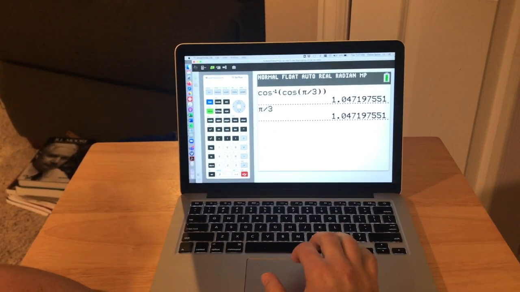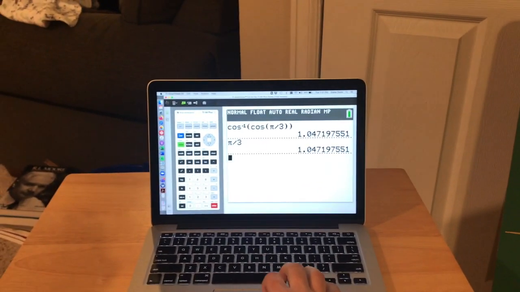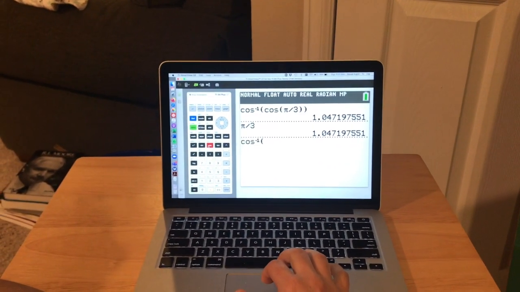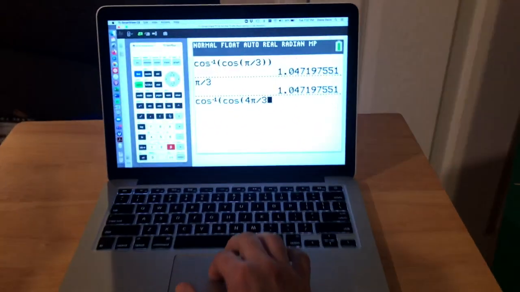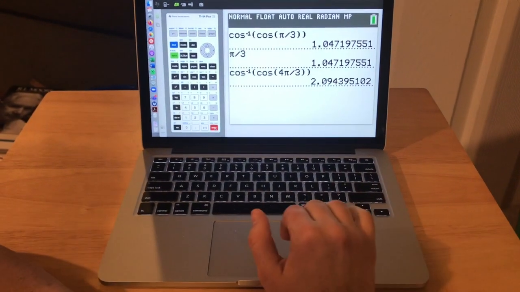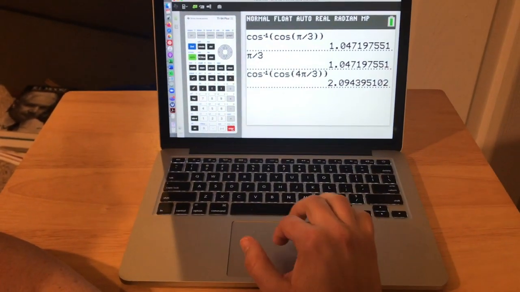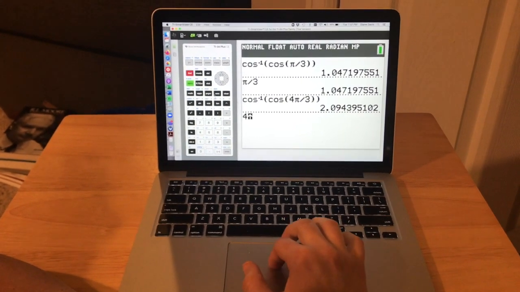Cool. Let's do the same thing with our second example, where we have inverse cosine of cosine of 4 pi over 3. And I hit enter, and I get some decimal approximation. Okay, well, let's see. That should be 4 pi over 3, so let's see what happens.